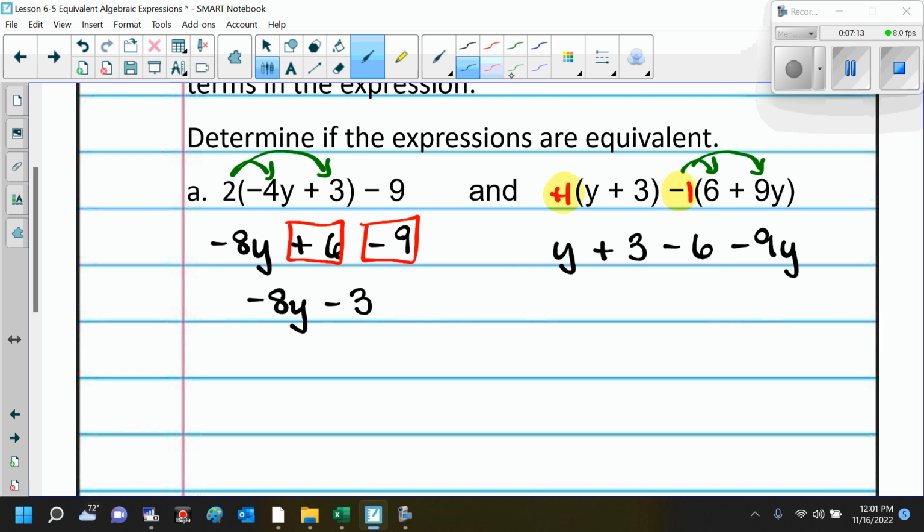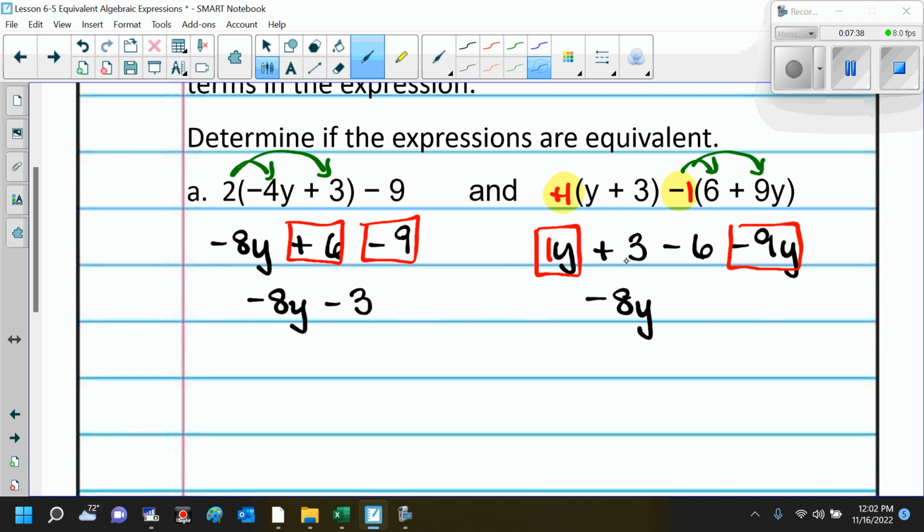And now we can combine our like terms. So here, this one is a positive 1y plus a negative 9y. What's that going to give me? Negative 8y. Very good. So this is going to be a negative 8y.